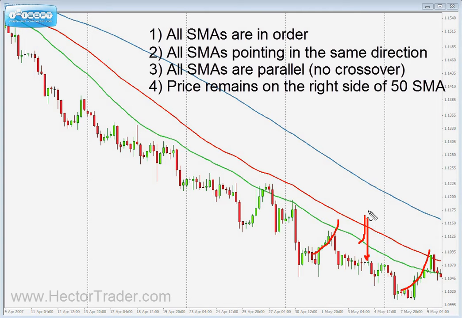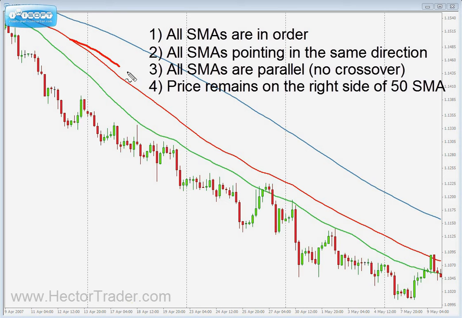As long as that breach above doesn't take more than 1-2-3 bars maximum, and price dives back down into the right side of the 50 simple moving average, we can safely say that the trend is still in place.